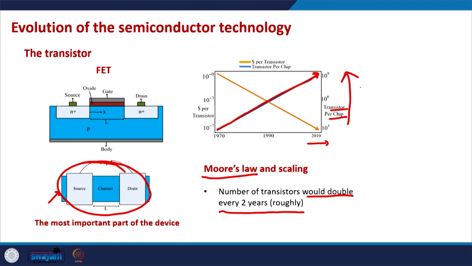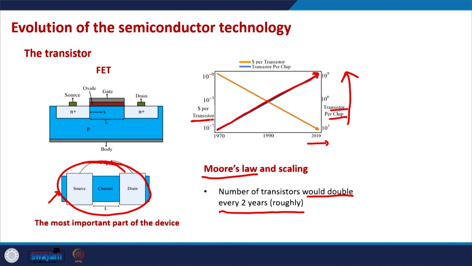The y-axis units are exponential, because almost every 2 years the transistors on the same chip are doubling. So it is like a geometric progression, an exponential growth, and the cost per transistor is declining. That is the trend of the electronics industry for the last 50 to 60 years.